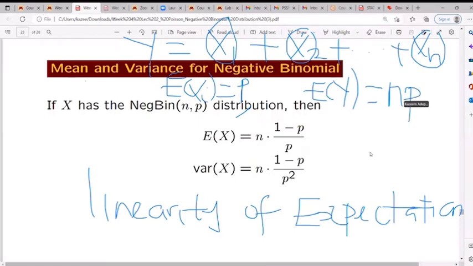So I can do the same for the negative binomial distribution. If I know the mean of a geometric distribution, all I need to do is generalize that. You're going to see now.